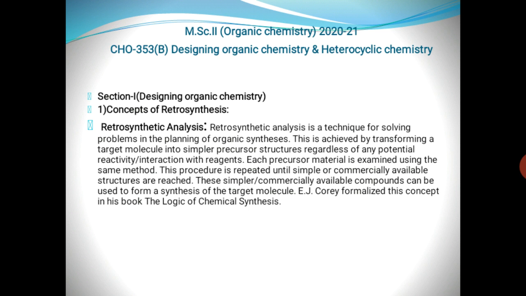Each precursor material is examined using the same method, and this procedure is repeated until simple or commercially available structures are reached. These simpler and commercially available compounds can be used to form a synthesis of the target molecule, and this concept was formalized by E.J. Corey in his book Logic of Chemical Synthesis.